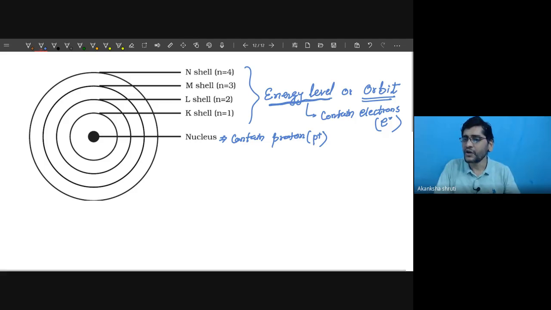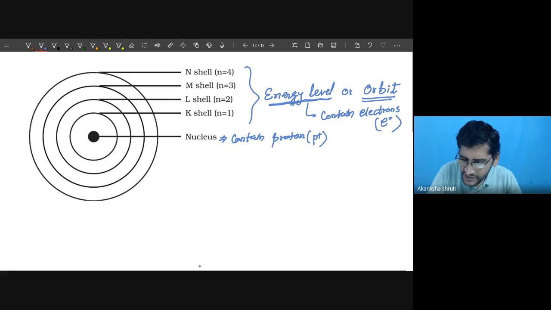So this is the Bohr model, or in a better way, after the discovery of the neutron in 1932, the proton as well as the neutron was included here.